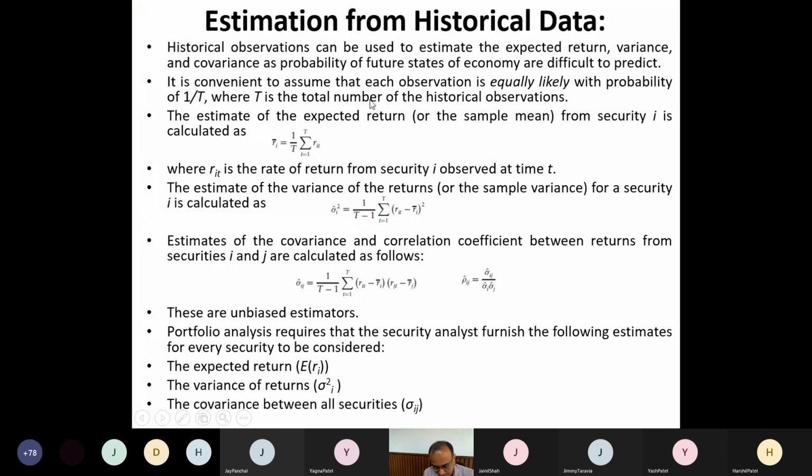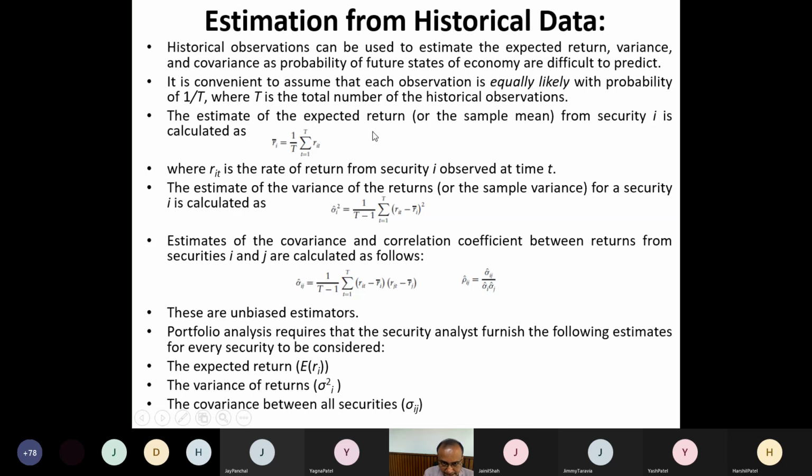So now we take a long data set from history, an enough data set. We have data from when the economy was in recession, in a normal phase, and in a booming phase. All such situations we have considered from the past, and we have collected the return of a particular security from its past observations. Let us say we take T number of observations, and we assume each has equal probability of 1 by capital T. Every observation has this probability.